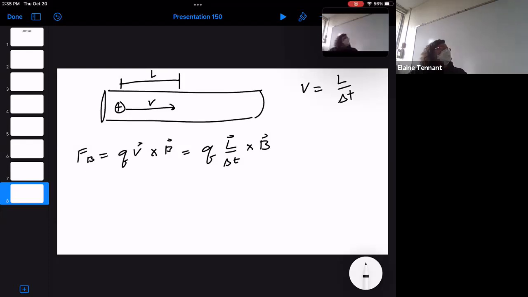One thing you might be looking at here is that I put a little vector on top of my length. This is going to be a key thing here. We're attaching our direction to the direction of the wire. If you recall, a few chapters back, we said that current is a scalar. It can go forward on the wire, it can go backwards on the wire, but it is constrained to the wire.